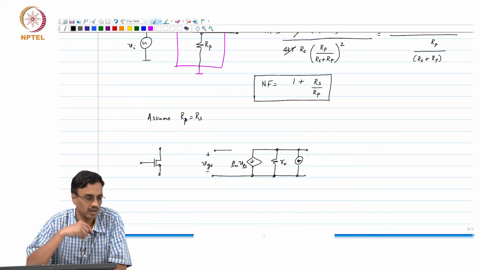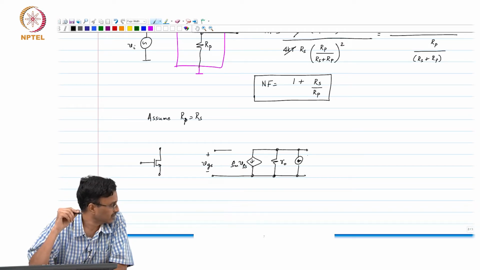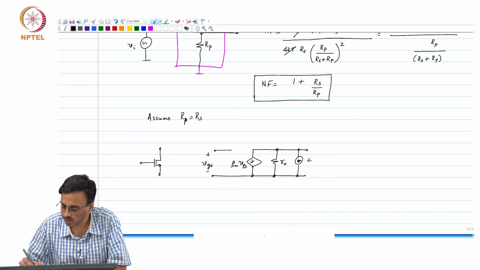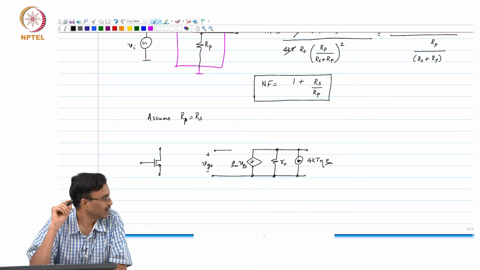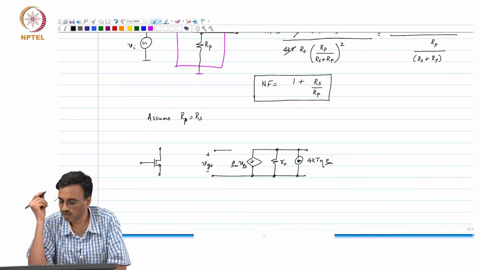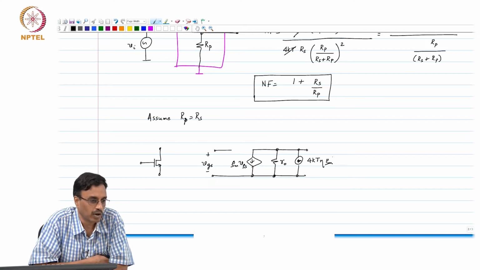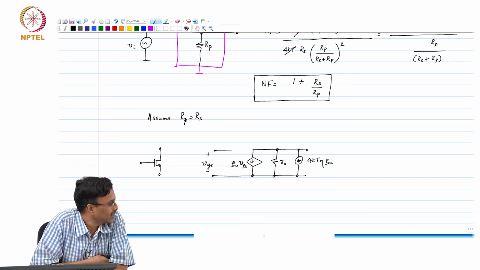But long channel MOS transistors only exist in the textbooks. So a better formula to use is 4kT eta times gm, where eta is some number that fits measurements, eta or gamma or whatever, the usual non-ideality factor. Ideally, eta should be 2/3, in reality it is more like 3/2, okay.